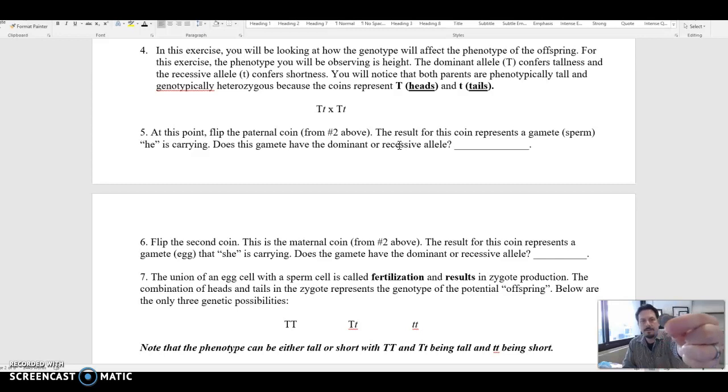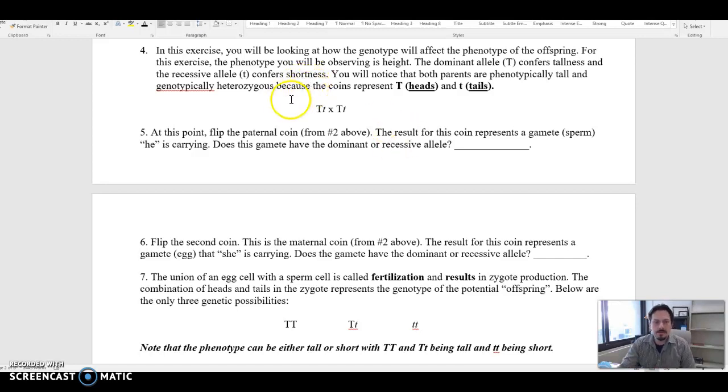Here is the paternal parent, the father, and this flipped heads, so this would also give the big T. So that means that together, the two coins would give the offspring big T, big T. So if the offspring is big T, is that going to be tall or short? Because it has the dominant allele, the big T allele, that offspring is going to be tall.